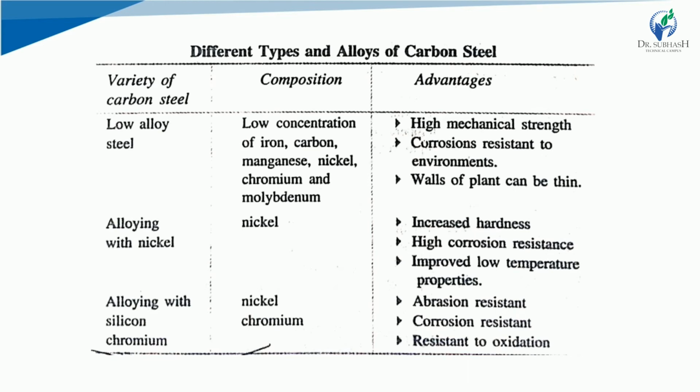Advantages: increased hardness, high corrosion resistance, improved low temperature properties. Variety of carbon steel: alloying with silicon chromium. Composition, nickel chromium. Abrasion resistance, corrosion resistance, resistance to oxidation. As you can see, the advantages are mostly just like the properties that we saw earlier. Only the composition here is changing so that you can get superior quality of carbon steel.